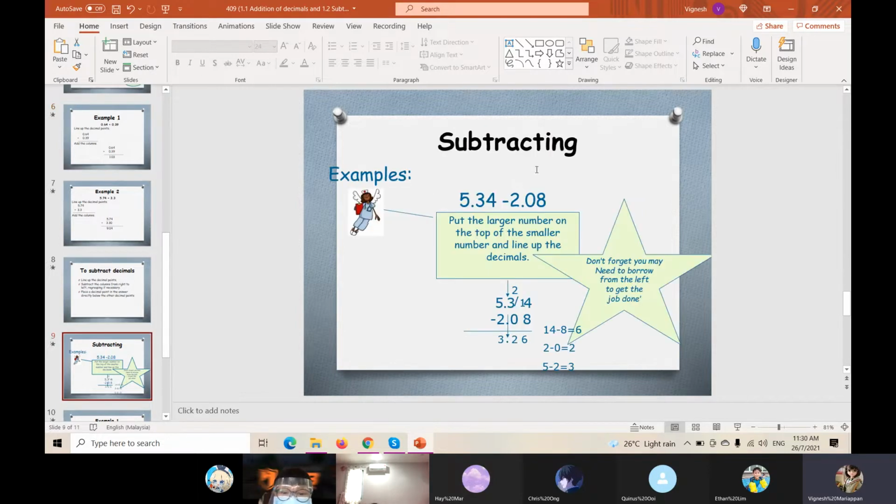In subtracting, we should put the larger number on the top, because you are subtracting, and then follow with the smaller number. Understand or not?